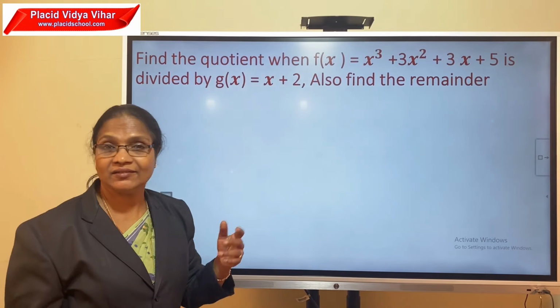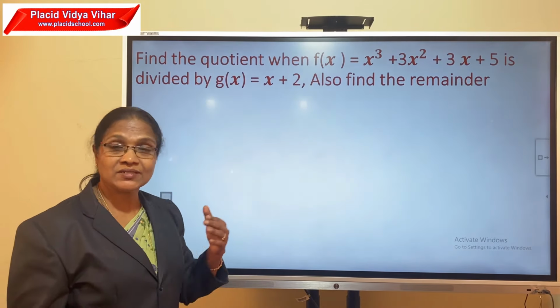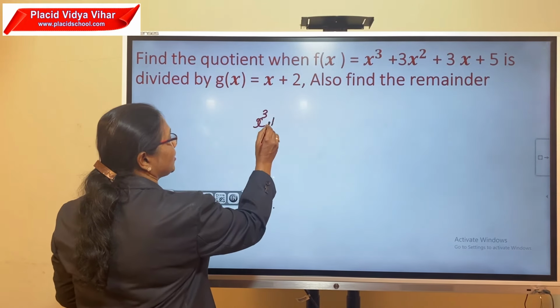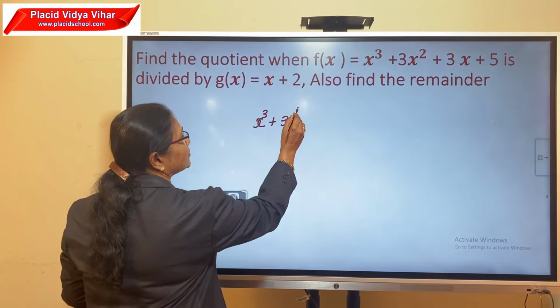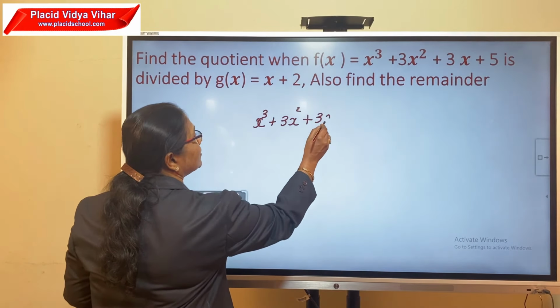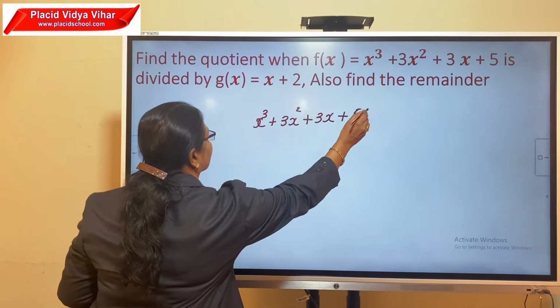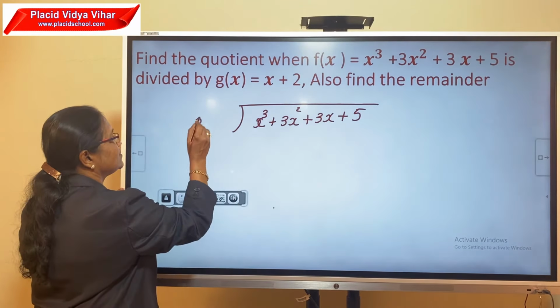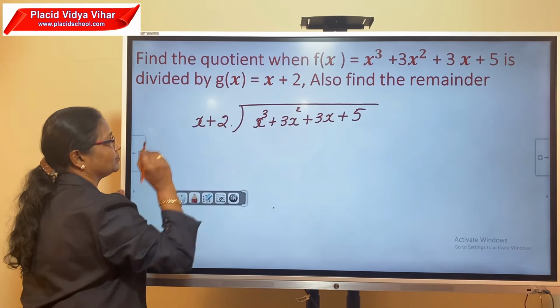Therefore, let's try the long division method. X cube plus 3x square plus 3x plus 5 is the dividend. The divisor is x plus 2.